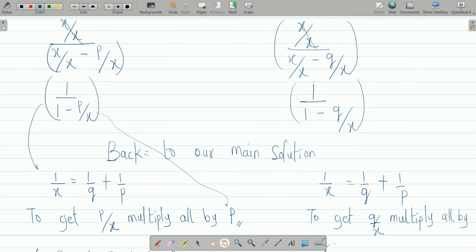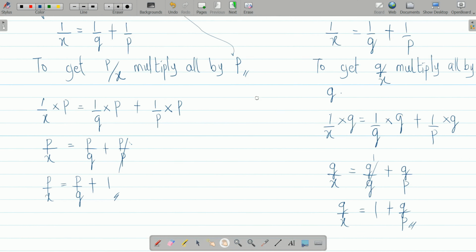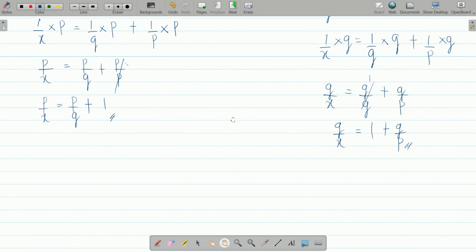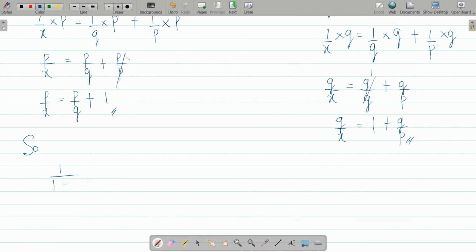Next we substitute the value of p over x and q over x into the equation above. So we have 1 over 1 minus p over x.